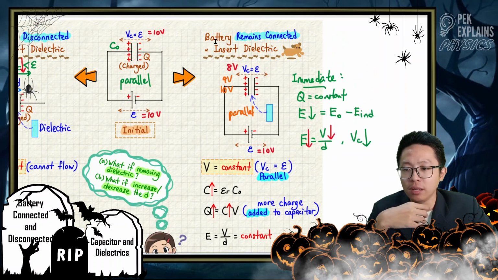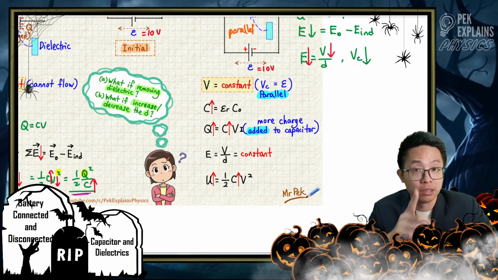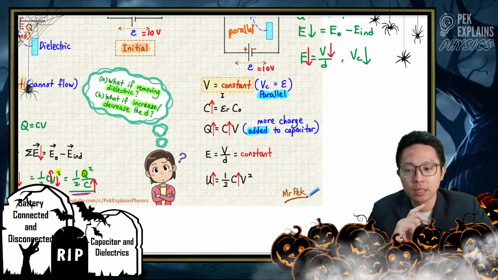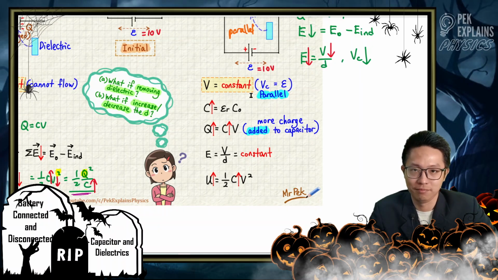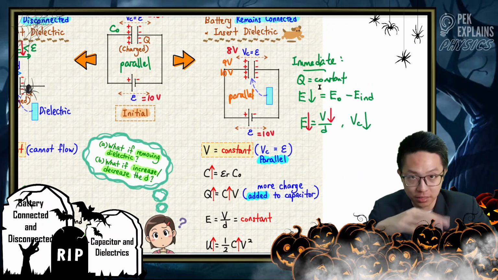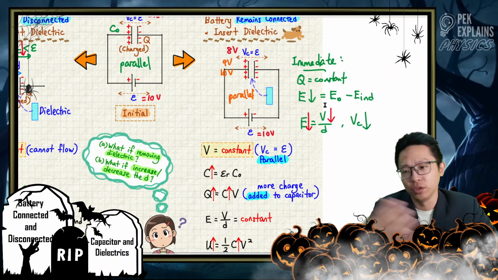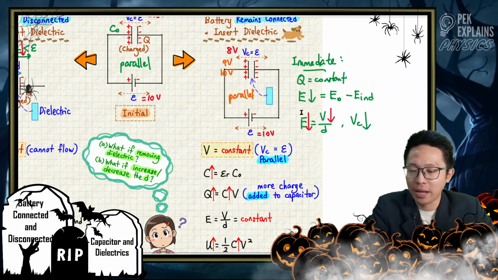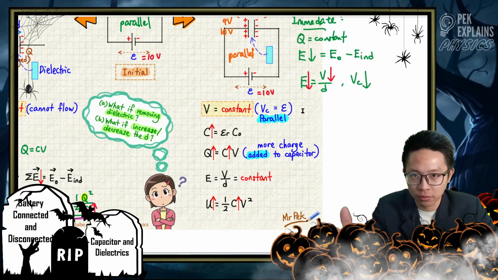For the battery remains connected condition, in the long run, not the immediate changes, the voltage of the capacitor is considered to be constant. I know there are changes in the middle. The voltage drops and then goes back up, isn't it? But I just want to say what happens in the long run.